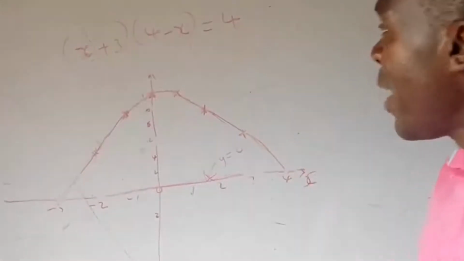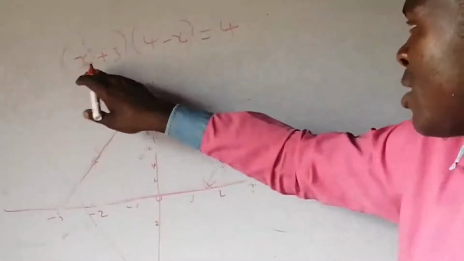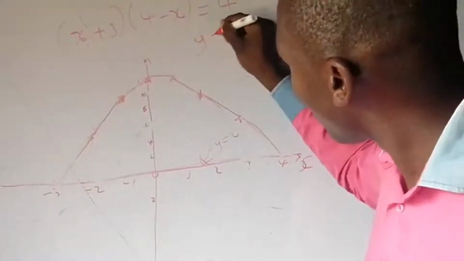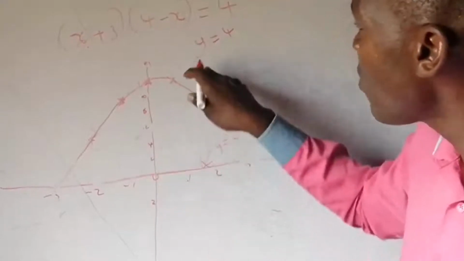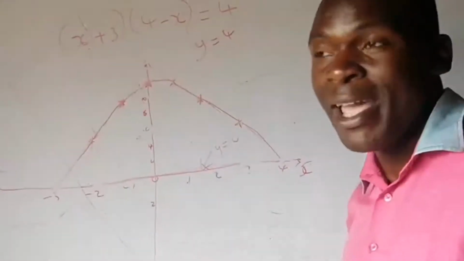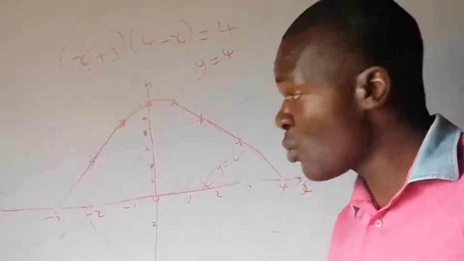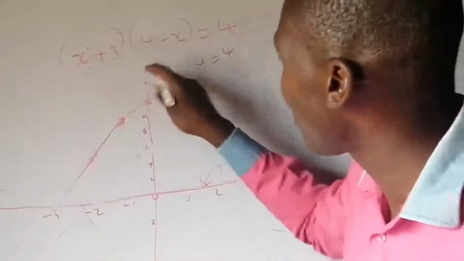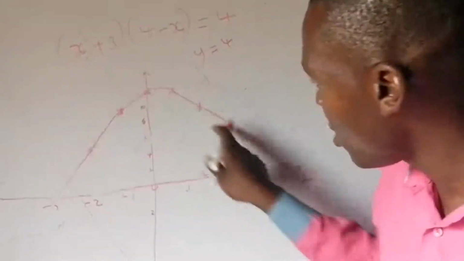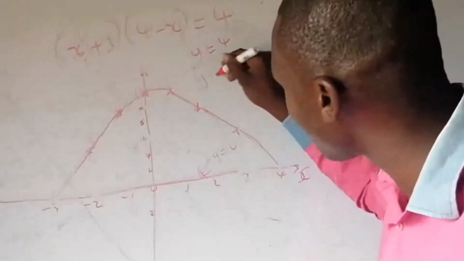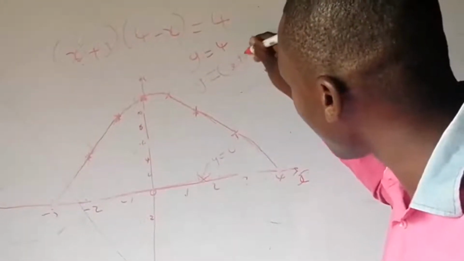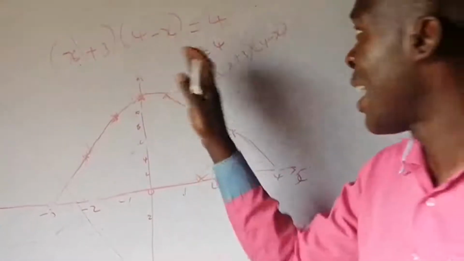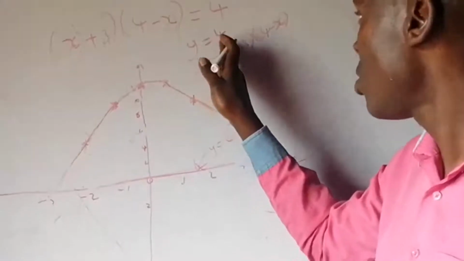Again, we know that our function has been joined with the line y is equal to 4. So we have to draw the line y is equal to 4 and find the point of intersection so that we will find the values of x at the point of intersection. Our original curve y is equal to (x plus 3)(4 minus x) has been joined with the line y is equal to 4.